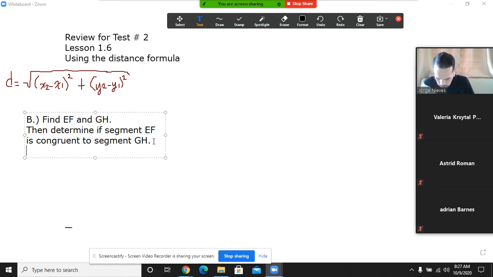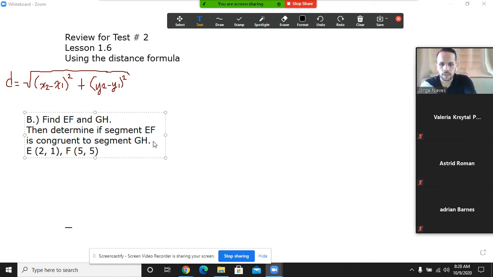E has coordinates of +2 and +1. F has coordinates of 5 and 5.